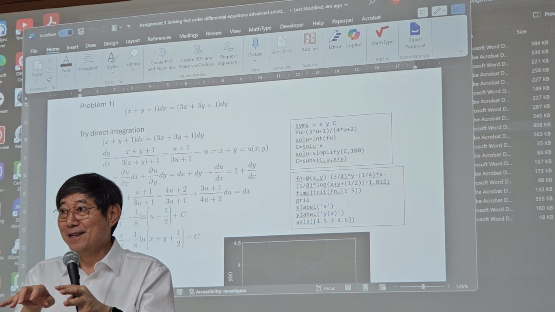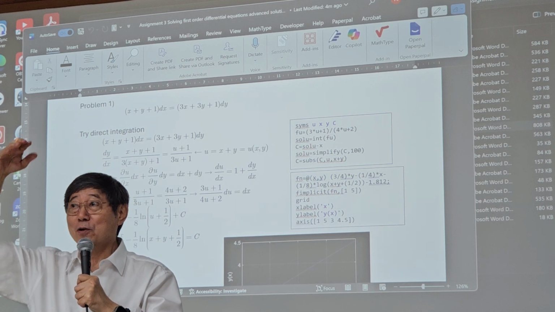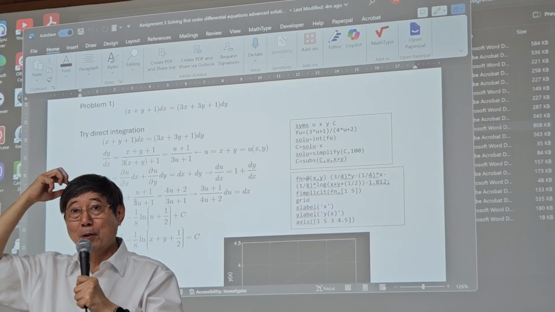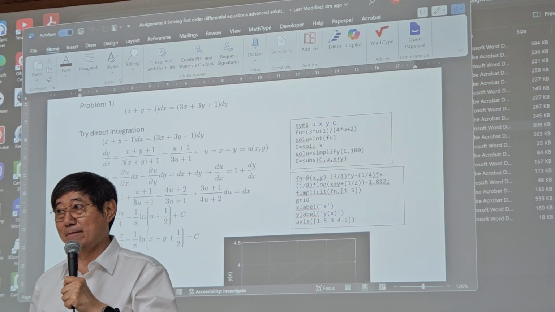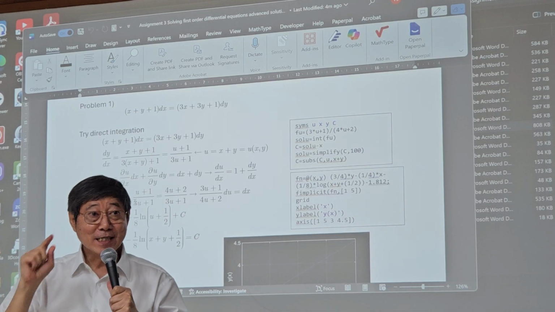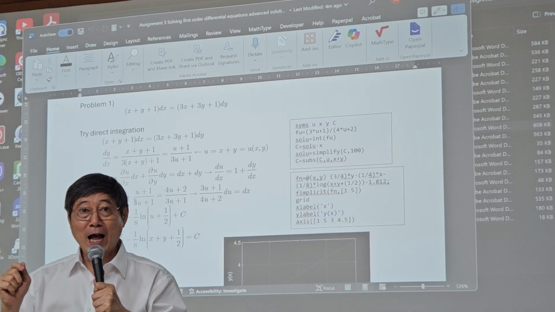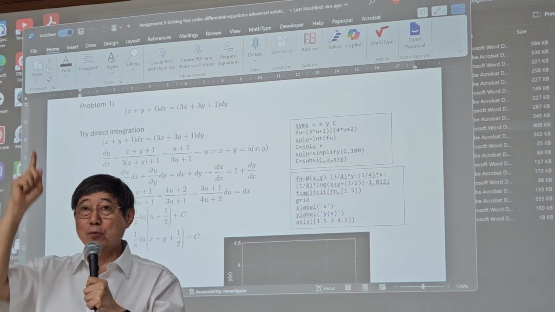Just type it, you don't think. Your brain dies 10,000 cells every day. How do you want to maintain your brain and improve it?